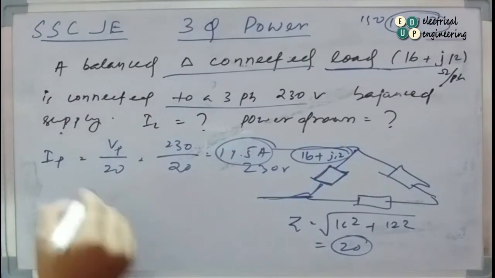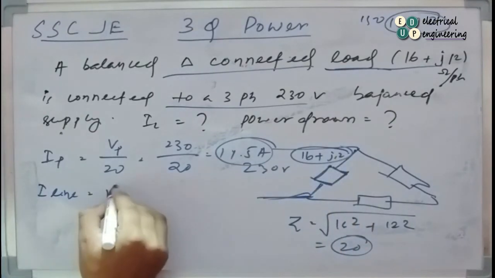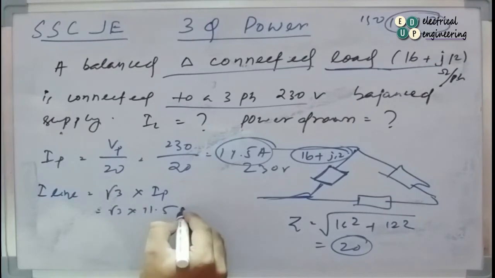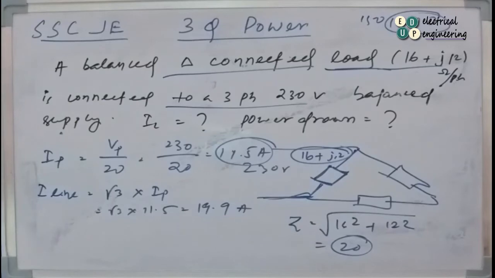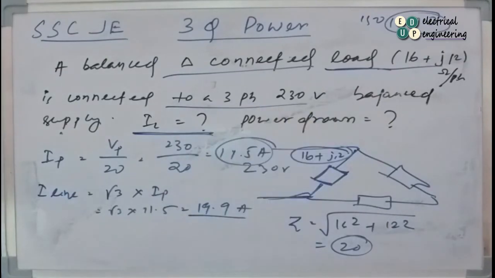And I line will be, because you know in case of delta, I line is root 3 times I phase, that is root 3 into 11.5. You are going to get 19.9 ampere. So you got I line, IL is 19.9 ampere, and the next task is the power drawn.